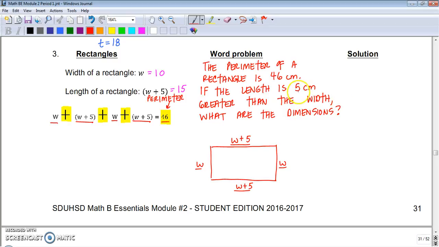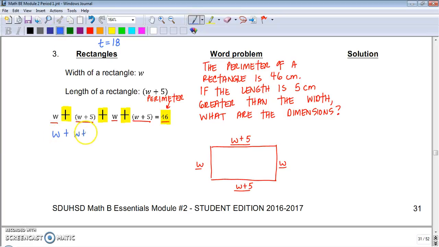If the length is 5 greater than, because the length is going to be bigger, so add 5 onto the width, what are the dimensions? So let's erase this 15 and 10 because those were just hypothetical made-up values. And let's try to solve this.